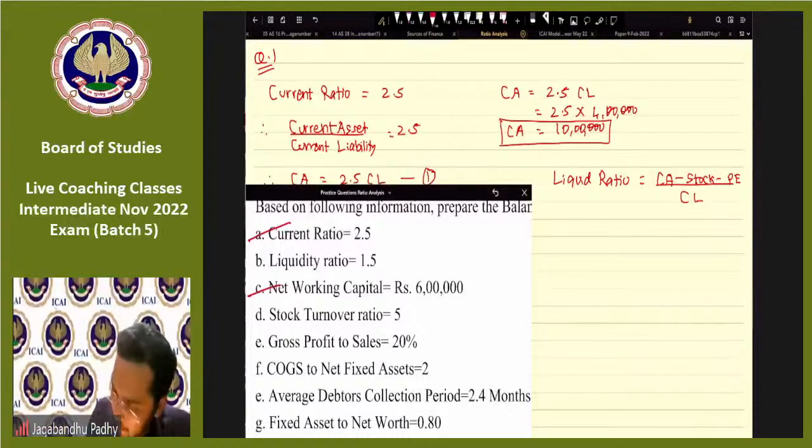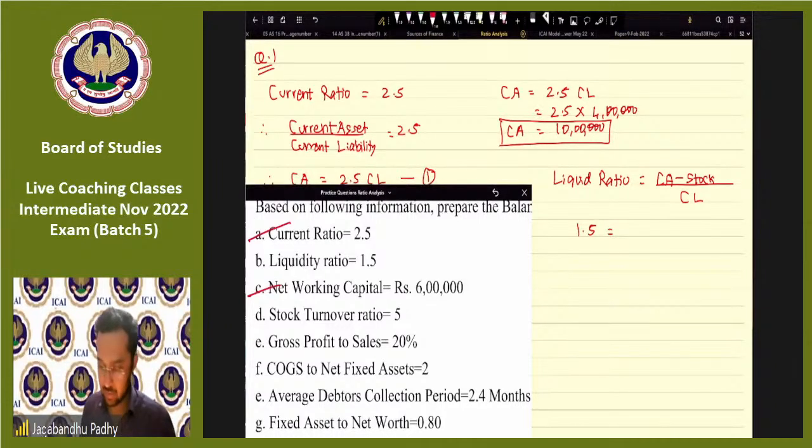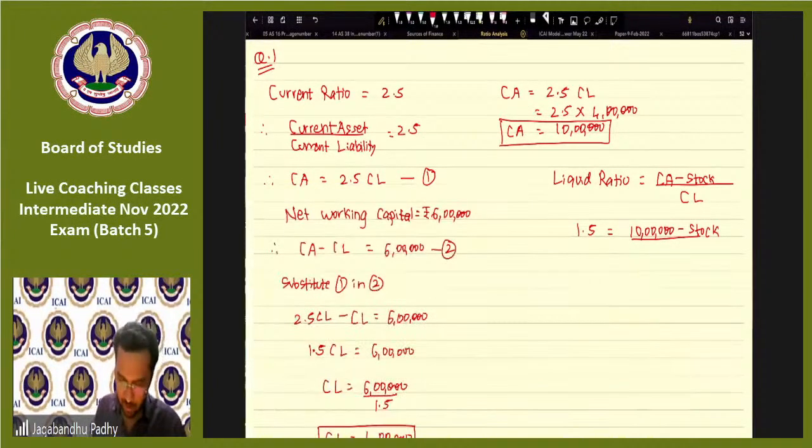So we eliminate it and compute liquid ratio as current asset minus stock upon current liabilities. The liquid ratio 1.5 is equal to current asset of 10 lakh minus stock, which is unknown, upon current liability of 4 lakh.